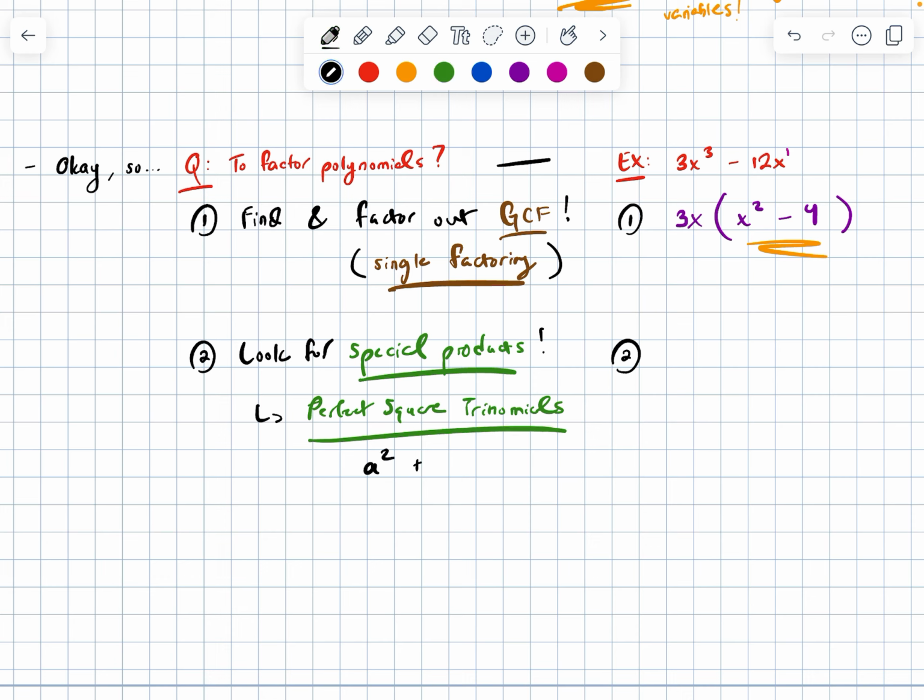The first one was a squared plus 2ab plus b squared, which you'll remember came from multiplying a binomial by itself, in other words, squaring that binomial, where the sign in between my 2 terms was a plus sign. When it was a minus sign in between, I had a squared minus 2ab plus b squared, which came from multiplying a binomial by itself, where the sign in the middle was subtraction.